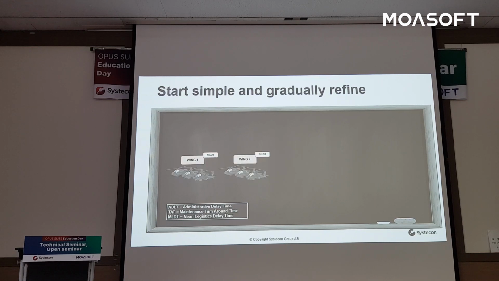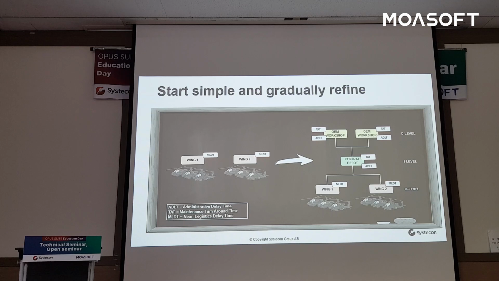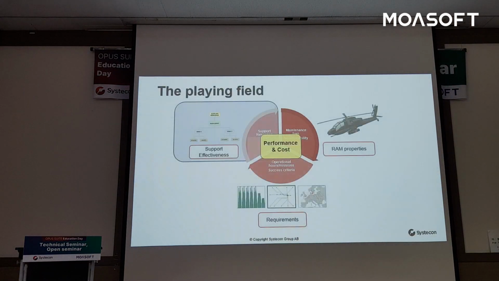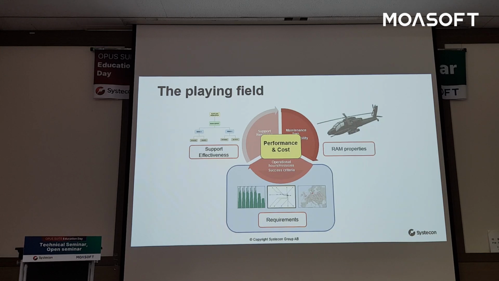And keep in mind that we started off knowing some parts of the basics, and then we need to know more, to be able to calculate the mean logistic delay times for the systems. We need to know what happens further back in the support organization, which we started to build before lunch. And now we move into the requirements, the operational plans and operational requirements that we're looking at.